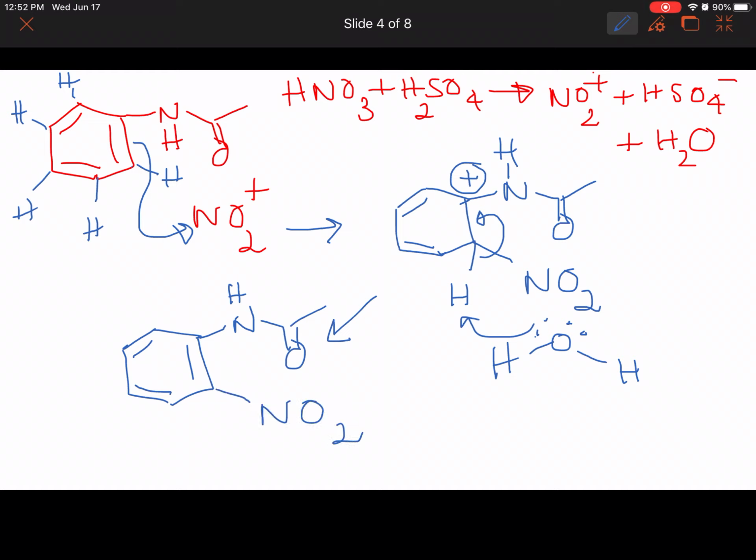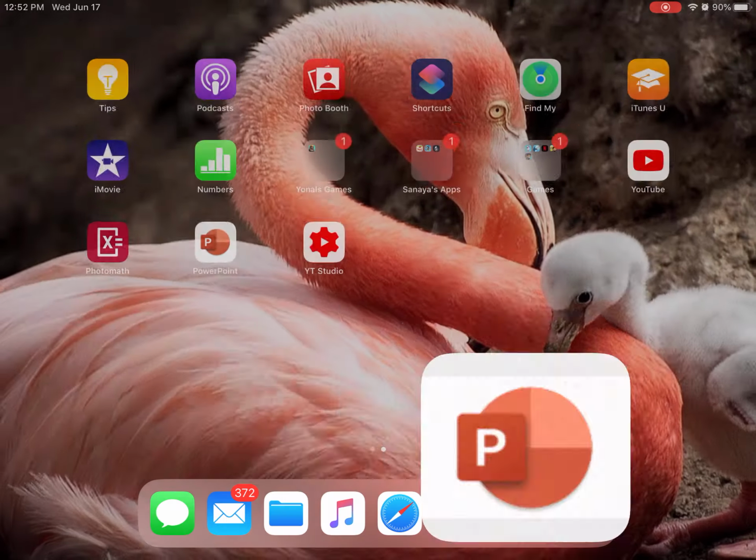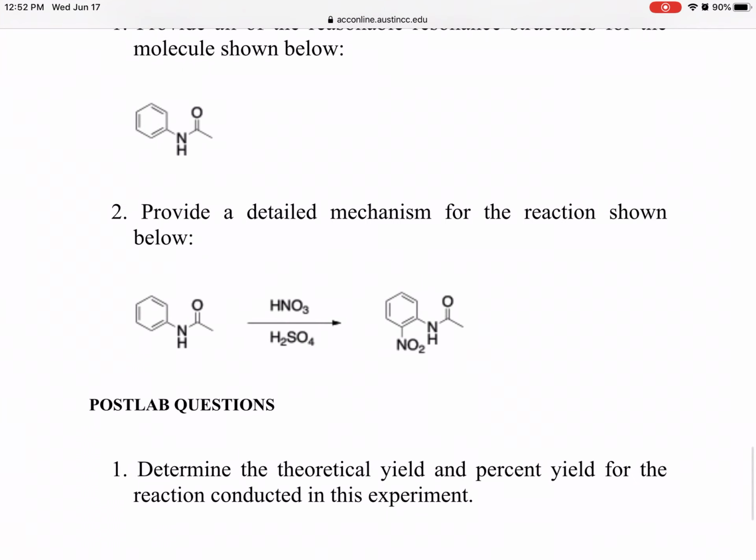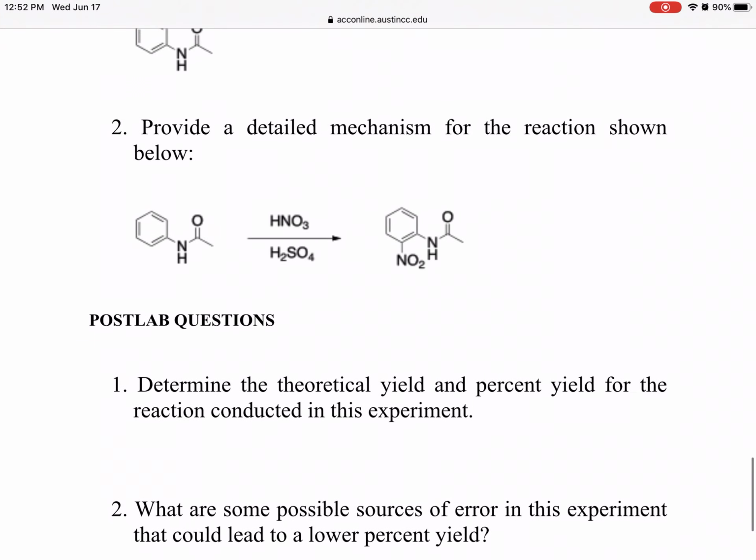So that is the mechanism, nitration of benzamide. Okay, that is part B. Earlier one was A. Okay, I hope you got it. So let's go back. So that is the detailed mechanism for the reaction shown below.